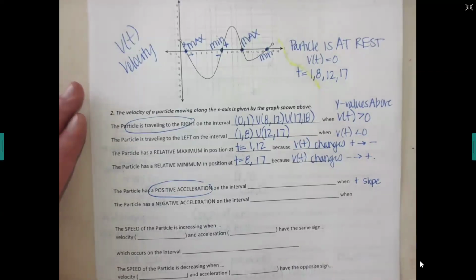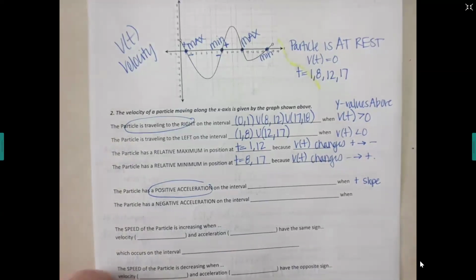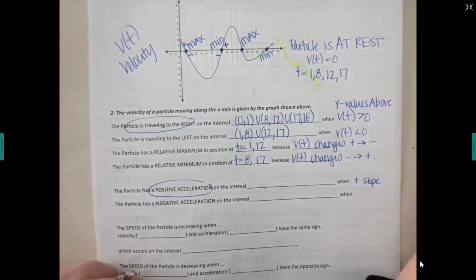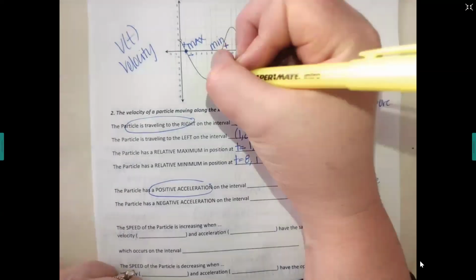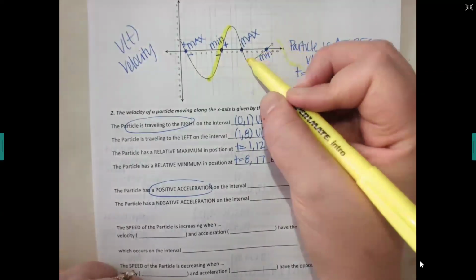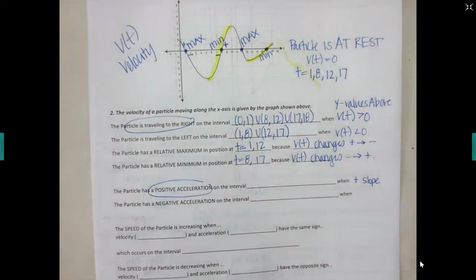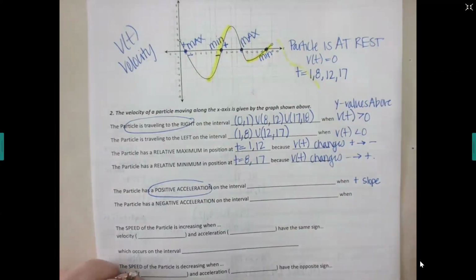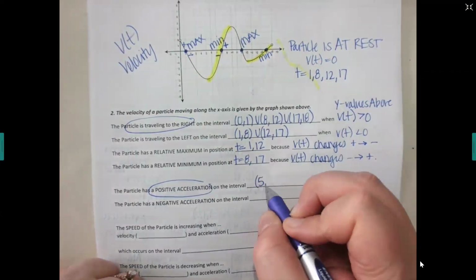And then looking on your graph, what is the first section of your graph that has a positive slope? From where to where? 5 to 10. Okay, 5 to 10 and 13 to 18. Very good. So 5 to 10 and 13 to 18.